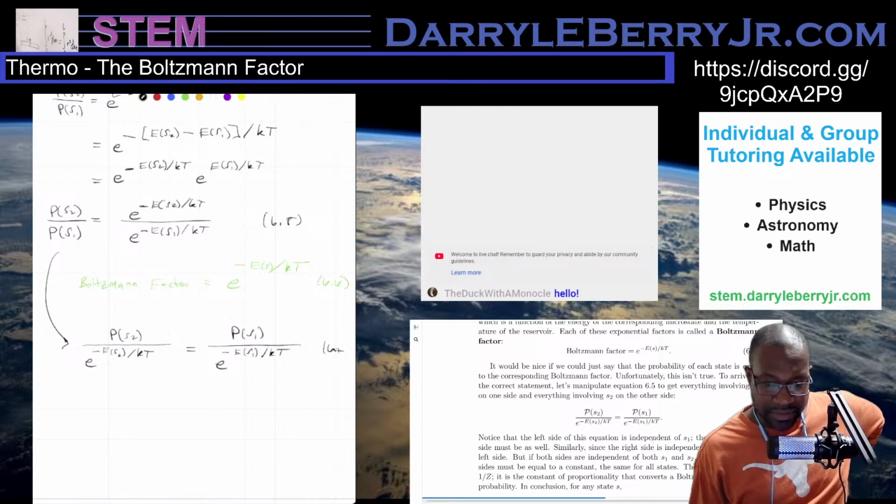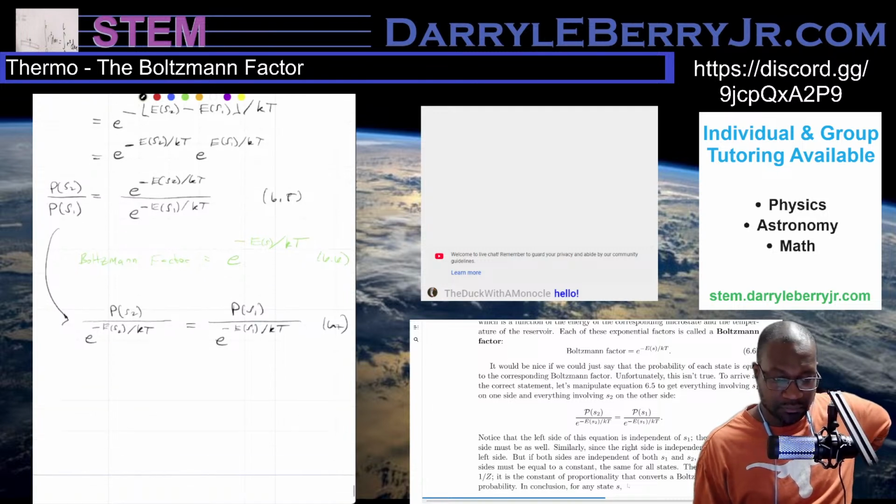So the right side has S1, so I don't see how it could be independent of S1. But if both sides are independent of both S1 and S2, then in fact both sides must be equal to a constant. For the same for all states, a constant is called 1 over Z.